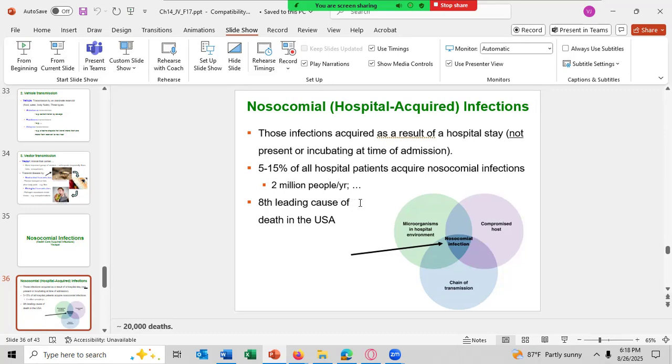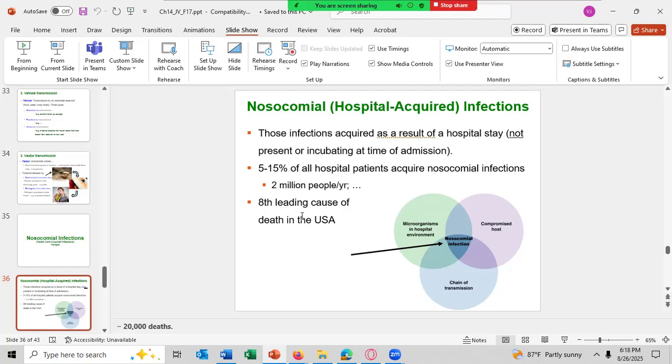Before COVID-19, nosocomial infections were the 8th leading cause of death in the United States. It may be the 9th leading cause of death now because COVID-19 is perhaps one of the top 8 leading causes of death. Meaning this is a little bit outdated, but it used to be the 8th leading cause of death.